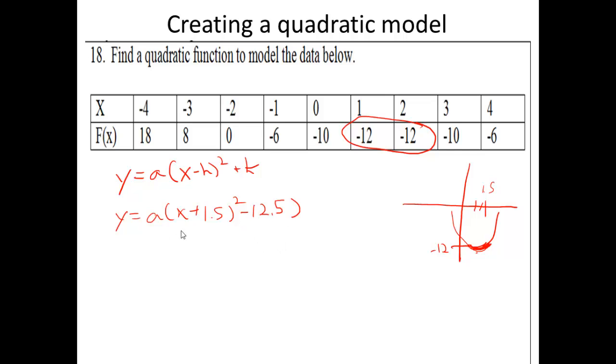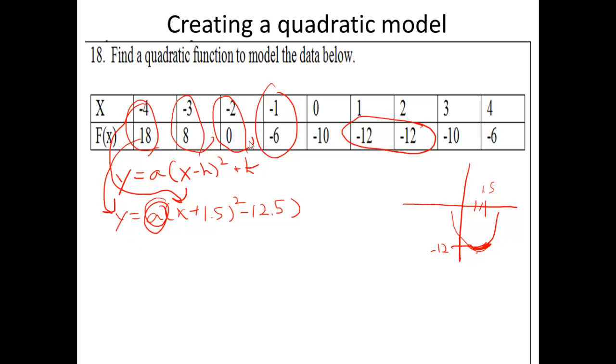Okay? But we still have this a right here. And the way we take care of the a is we take any point from our table and we plug it in for x, and we plug it in for y, and then we solve for a.